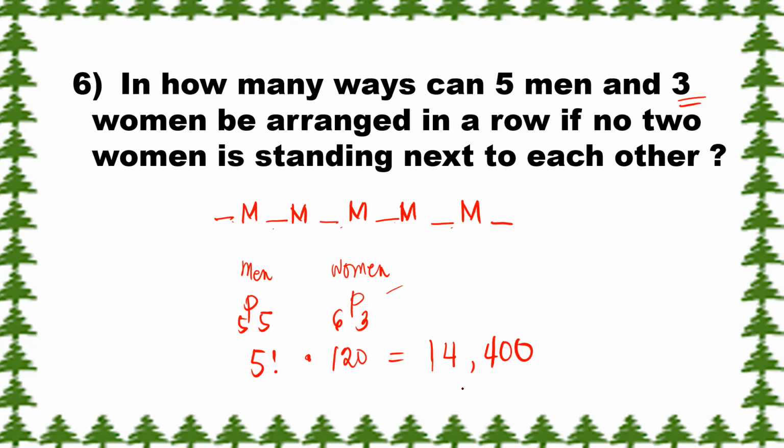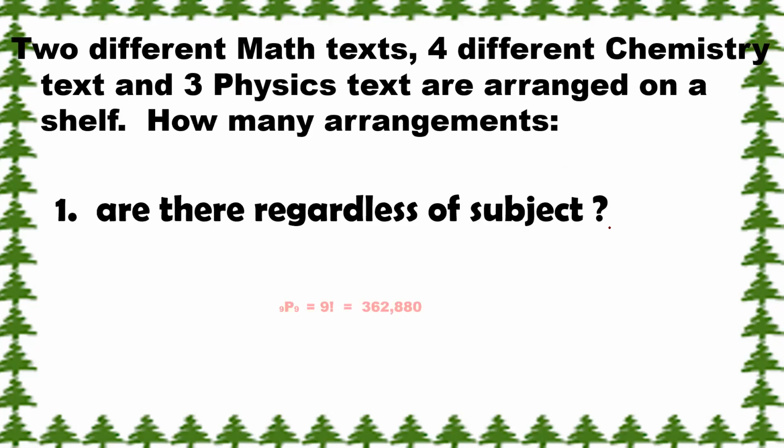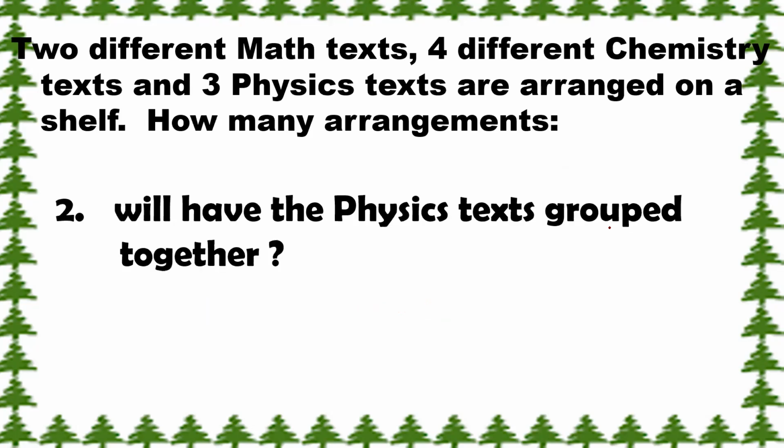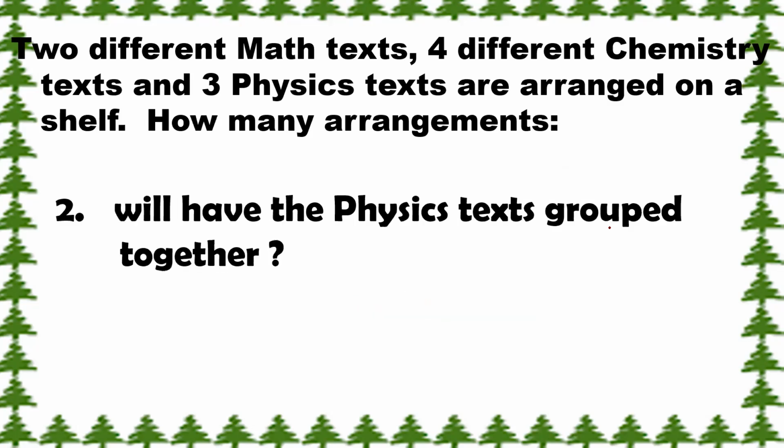Next dito ay let us try if you already know. So para magkaroon kayo ng mas maayos na solution for this, review lang natin yung mga answers. If there are 2 math books, 4 different chemistry texts, and 3 physics, and regardless of the subject, i-arrange natin sila, that's 9 factorial.